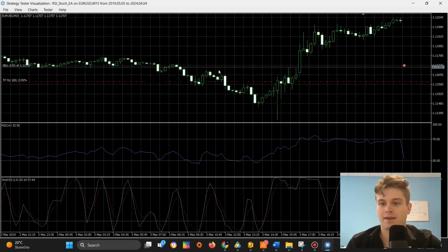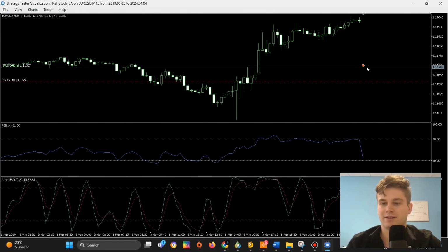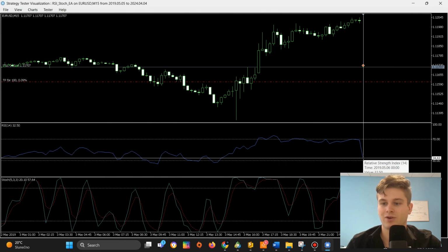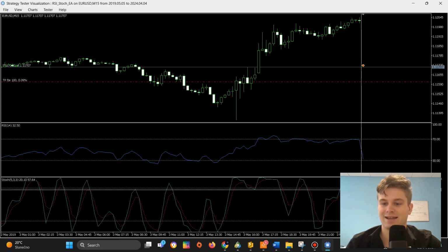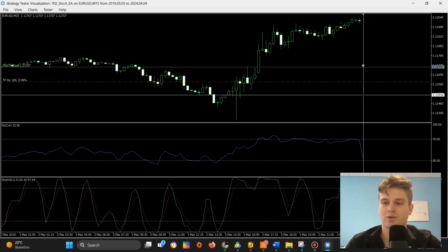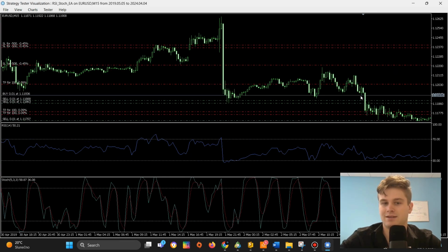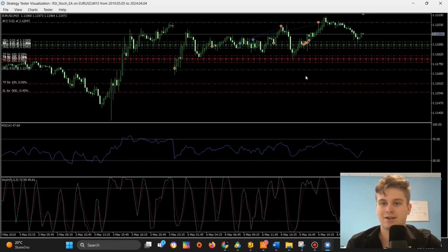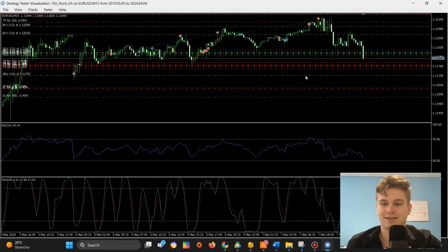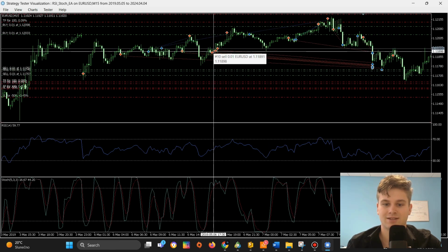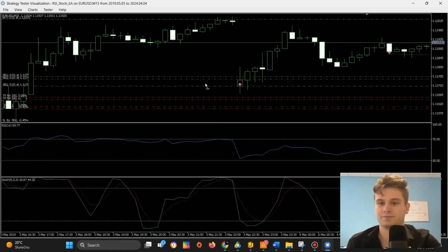So yeah, we are already opening a sell position, so let's check it. RSI is below 50, so we are in a selling market basically, and there was a crossover on the previous bar, so this seems nice. And then it seems like there are a lot of signals basically. Yeah, there are a lot of signals, so let's check if this is valid or not.